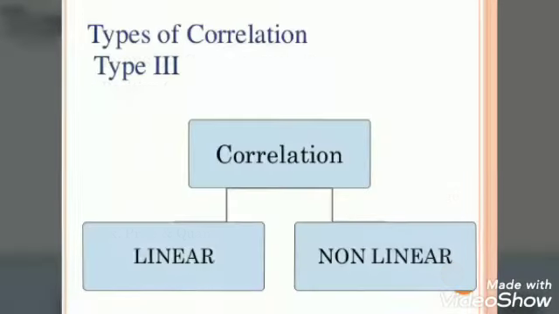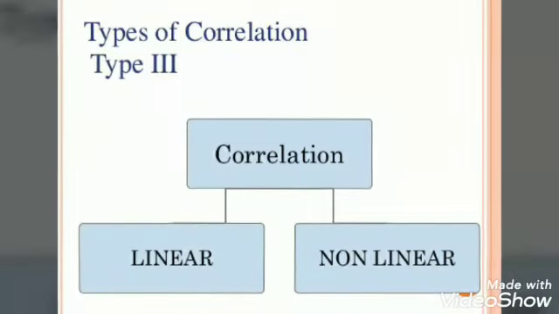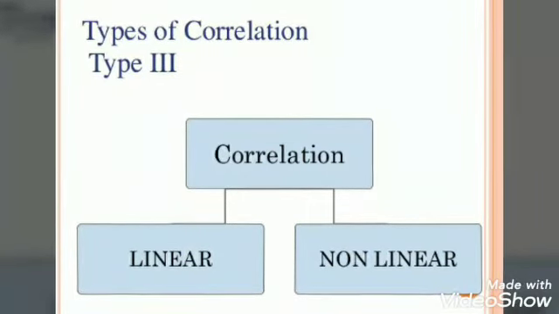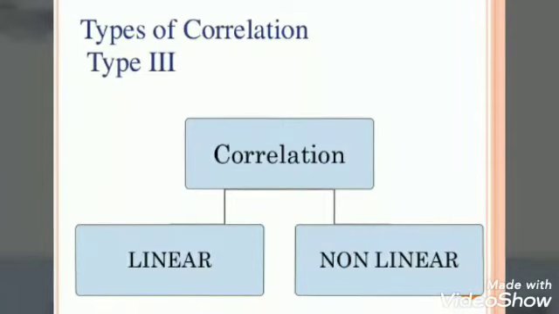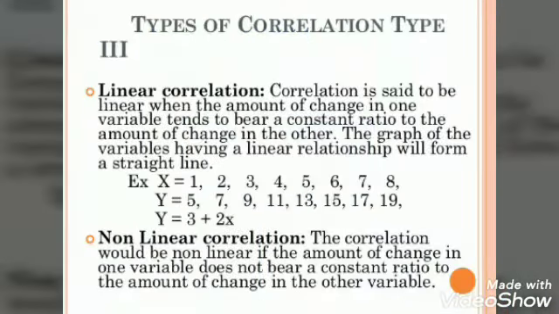Then correlation can be a linear correlation or non-linear correlation. When I say linear correlation, it means when two variables change in a constant proportion, it is called linear correlation.